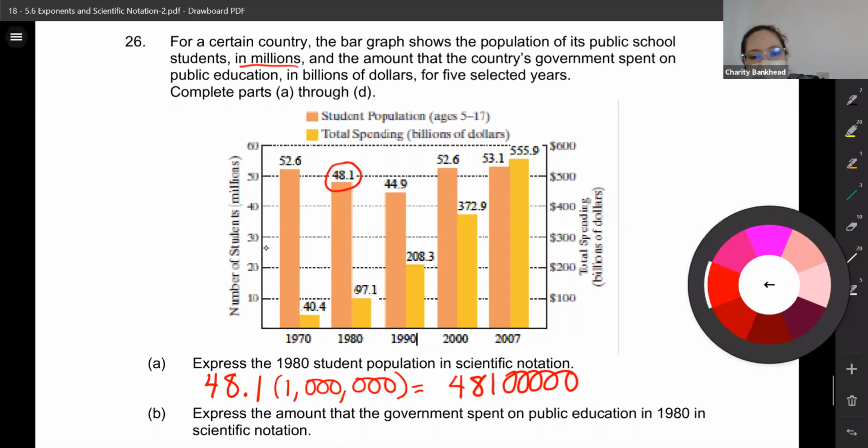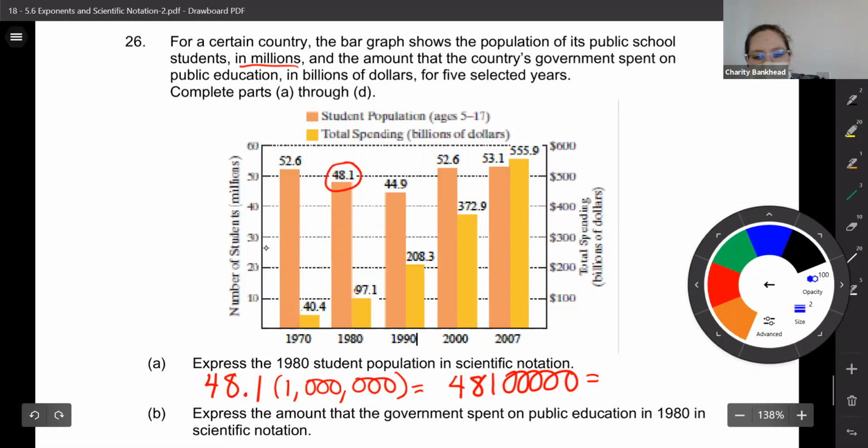All right. And to write that in scientific notation, 1, 2, 3, 4, 5, 7. So 4.81 times 10 to the 7.